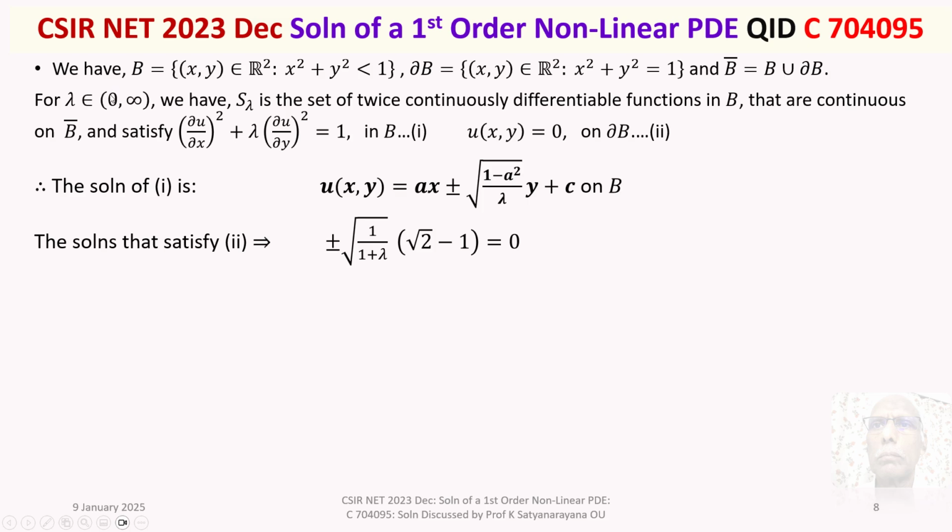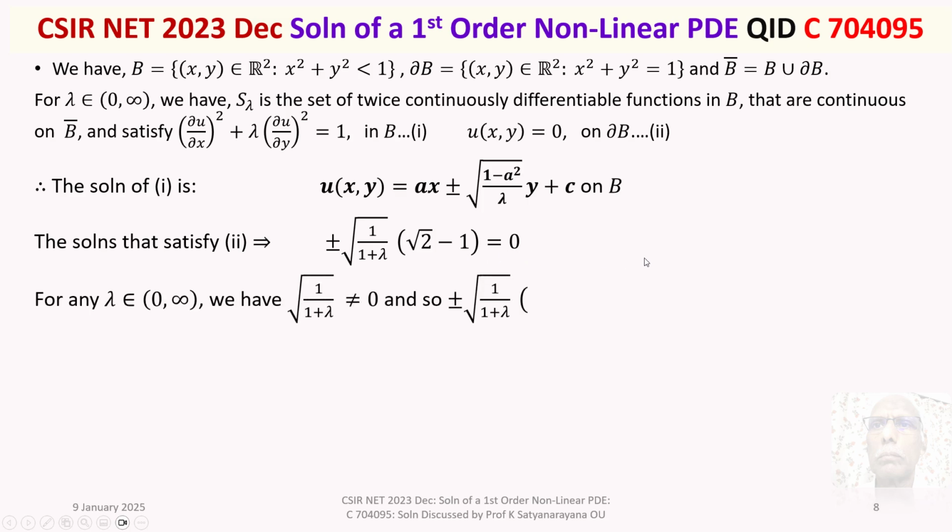Lambda belongs to the open interval 0 to infinity. For any lambda, 1 plus lambda is not 0. And thereby under the square root of 1 by 1 plus lambda is not 0. And root 2 minus 1 is not 0. The product is not 0.